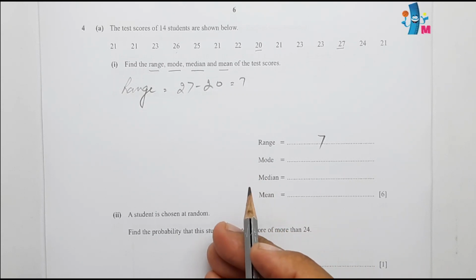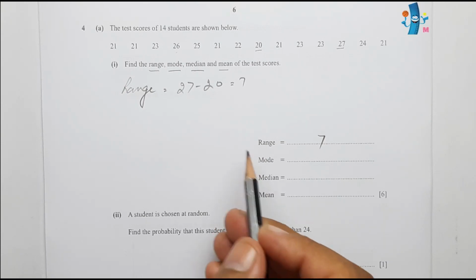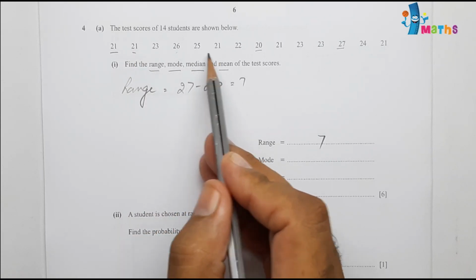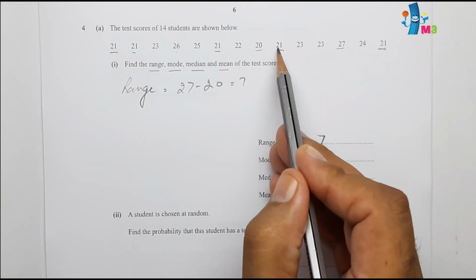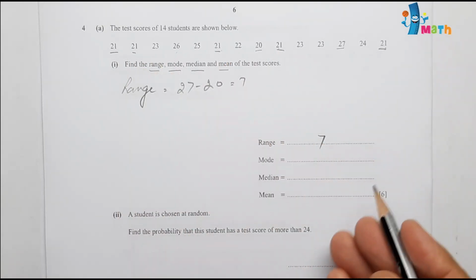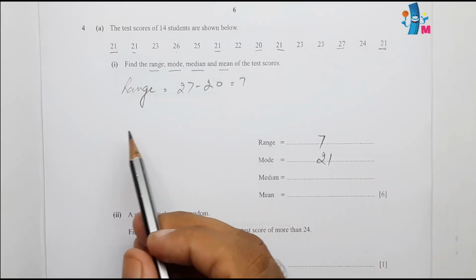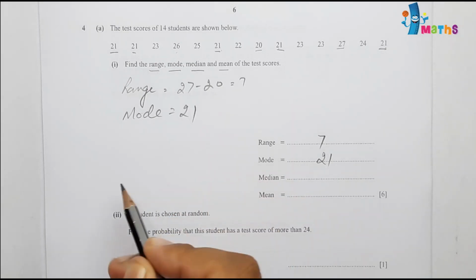Then mode will be the most occurring and repeating number. 21 is repeated the most, 5 times, so mode is 21.